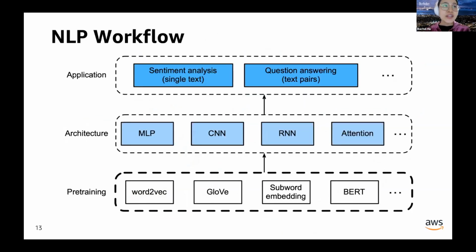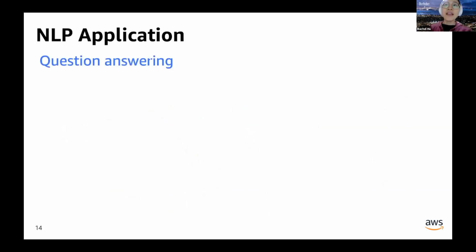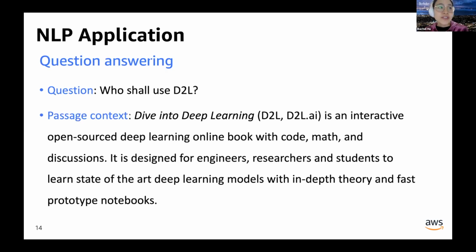And as I just alluded, we're going to focus on the question answering task today after we understand a bit of BERT and those transformers. So what does question answering talk about? What are the input and output for question answering? For question answering, we have two pieces of text as input.